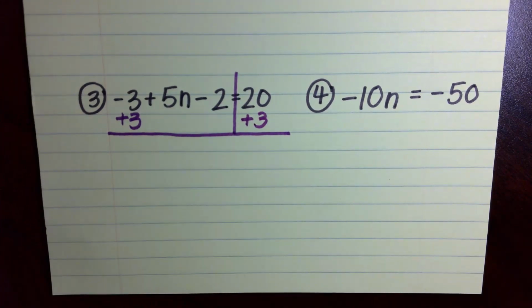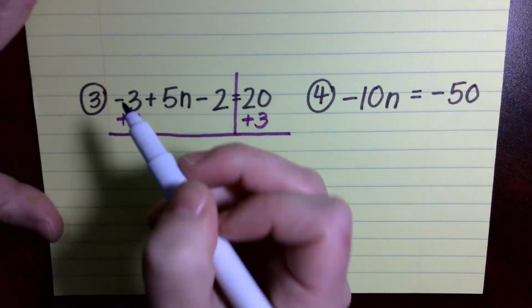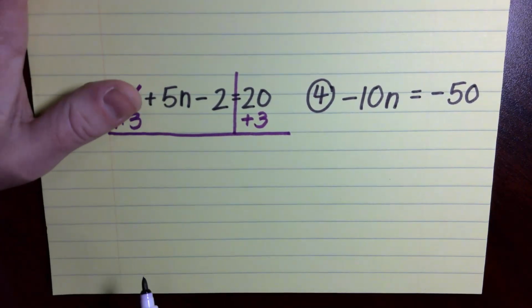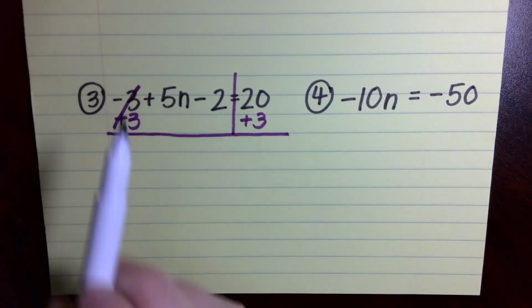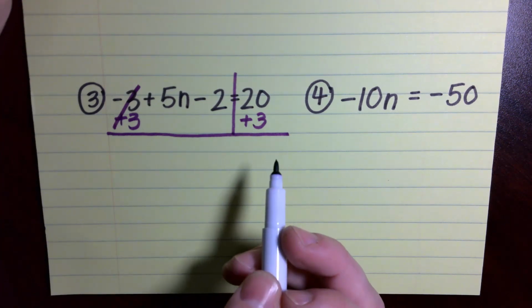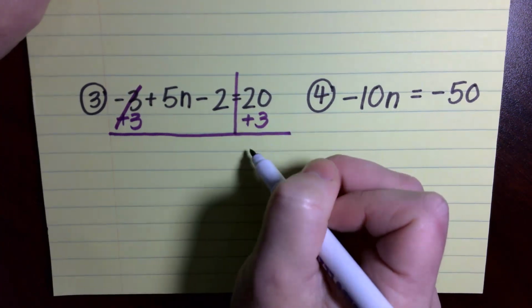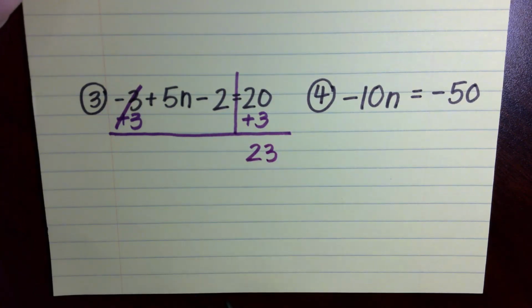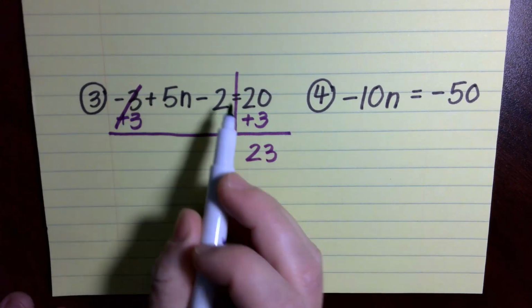So what's going to happen to my 3's? They cancel out. Minus 3 plus 3, those become a 0. And we don't want to write 0 plus 5n, so we just cross them off. What's our next step? 20 plus 3. Yeah, what's 20 plus 3? 23. And then what do we do next? Yeah, we want to bring everything down.